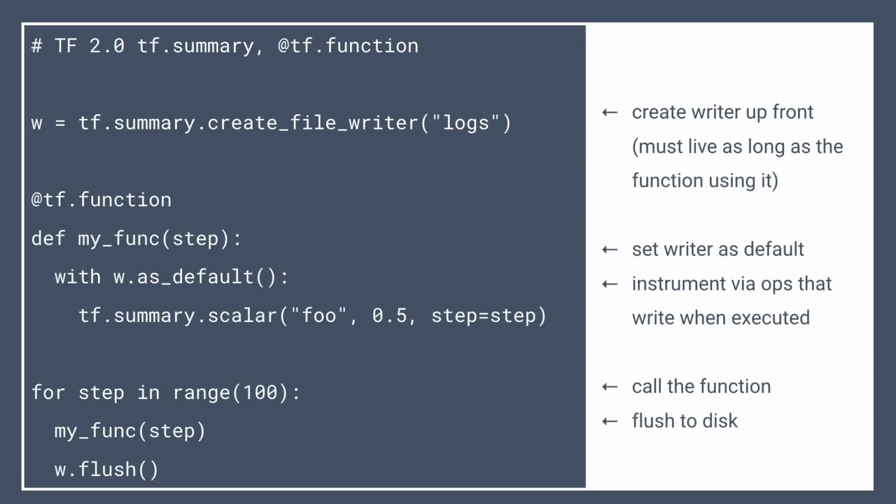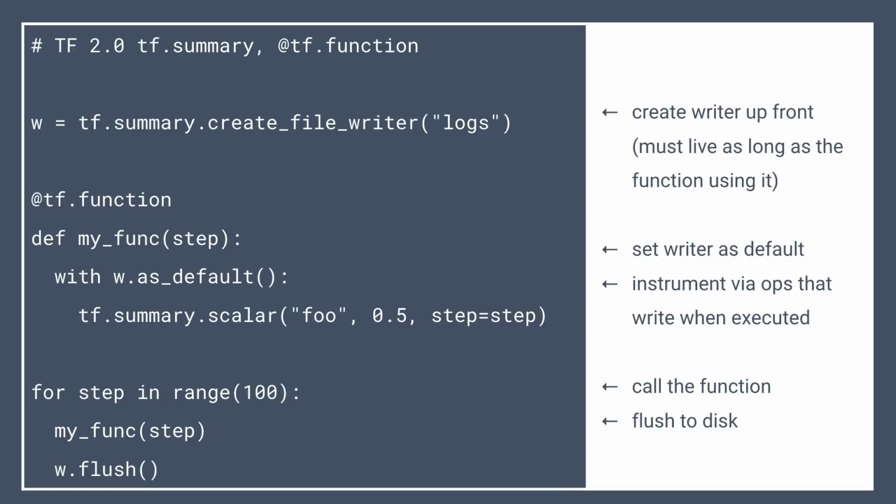And then this is an example with the @tf.function decorator. Again, you create the writer up front. One important thing to note here is that you have to maintain a reference to the writer as long as you have a function that uses it. And this has to do with the difference between when the function is traced and executed.